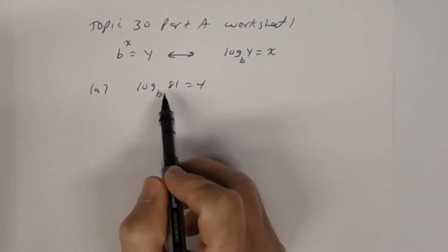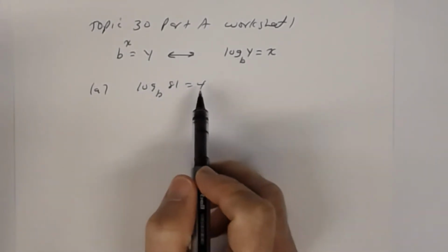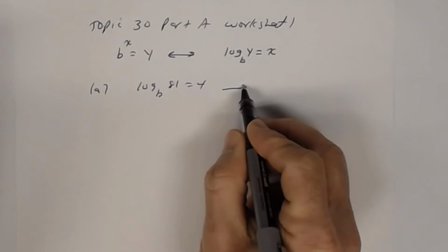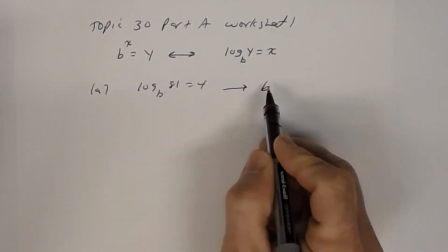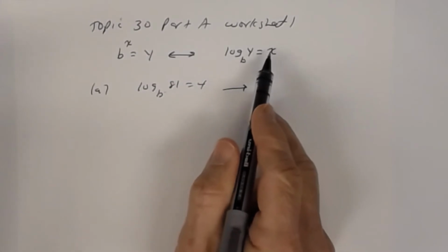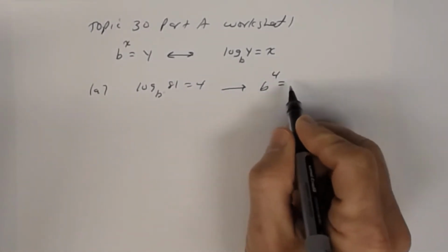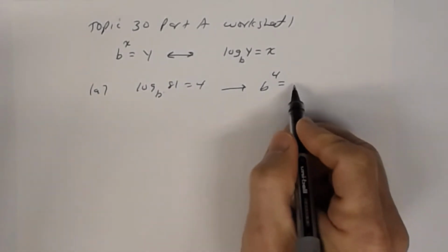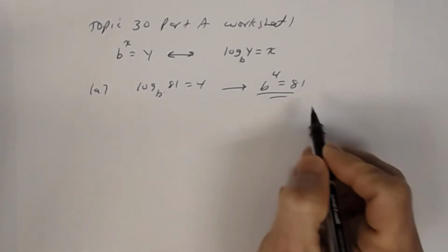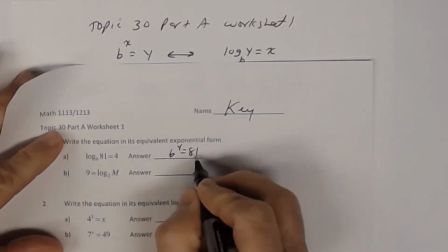So it's very easy to change from log to exponential: the base raised to the exponent, which is what's on the other side of the equal sign, in this case 4. So b to the 4 equals, and the argument goes here. So b to the 4th equals 81.